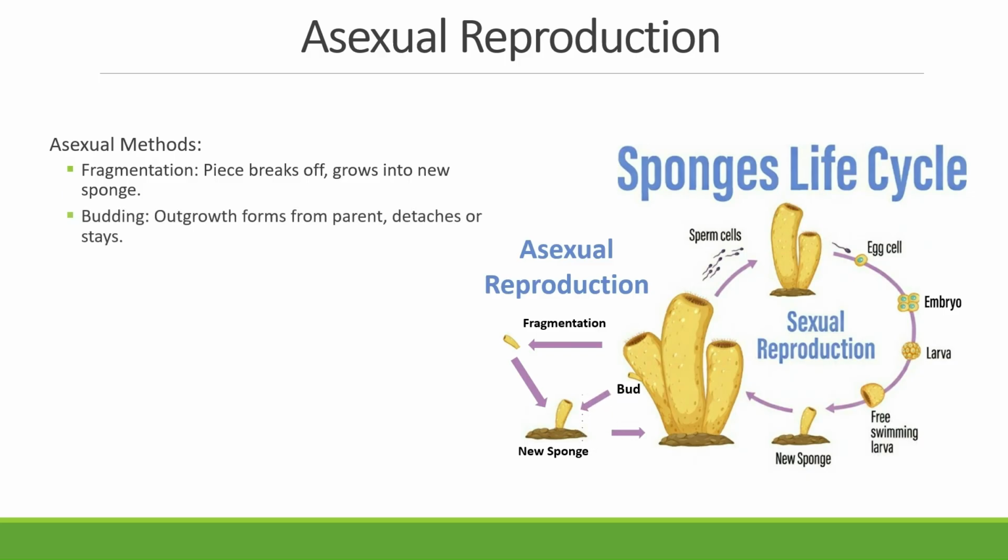In budding, a small outgrowth forms on the parent, and it develops its own ostia and osculum, and eventually either detaches or stays attached as part of a colony. Both methods allow a single sponge to quickly produce genetically identical copies of itself, which is an excellent strategy when conditions are favorable and the space is available.